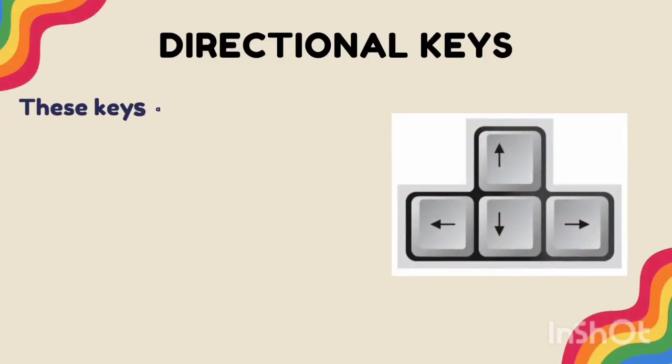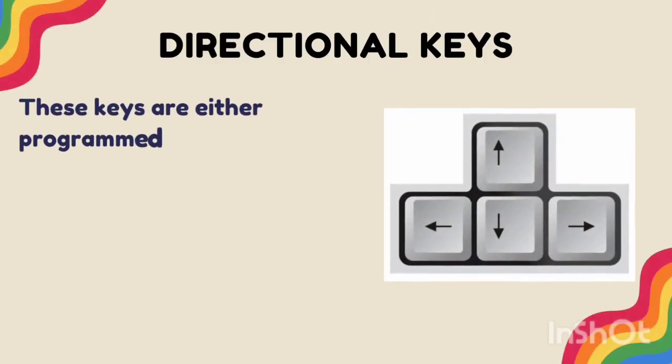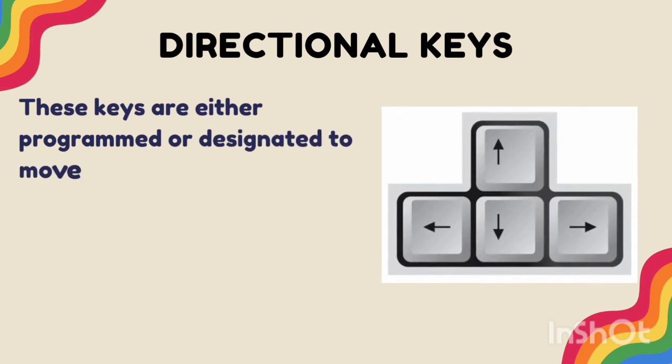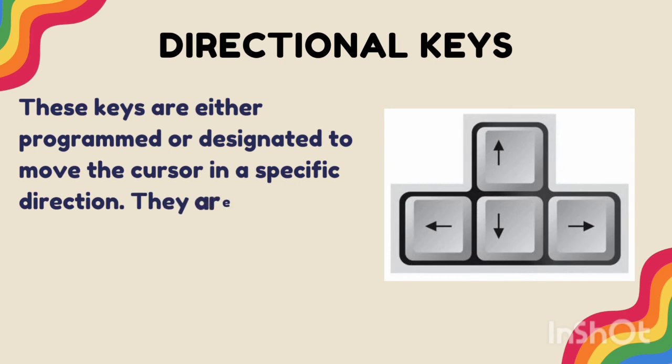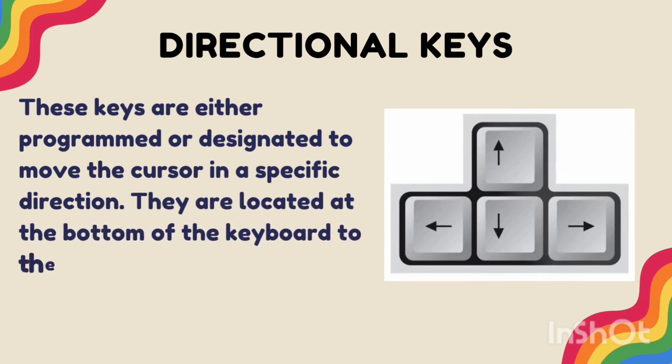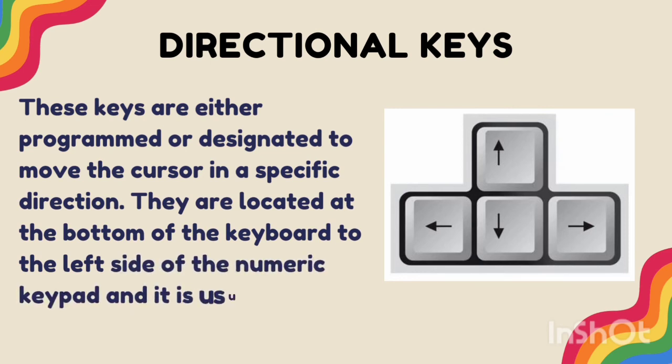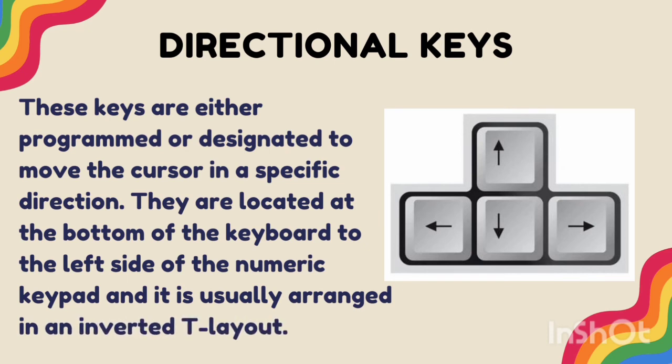Then the next we have the directional keys. They are at the bottom of the computer keyboard and are designated to move the cursor in a specific direction. Yes, they are located at the bottom part of the keyboard.